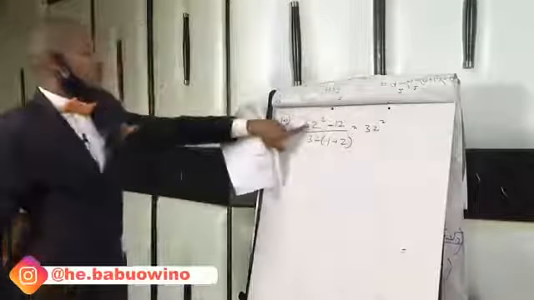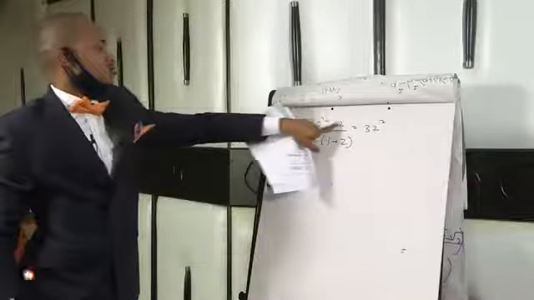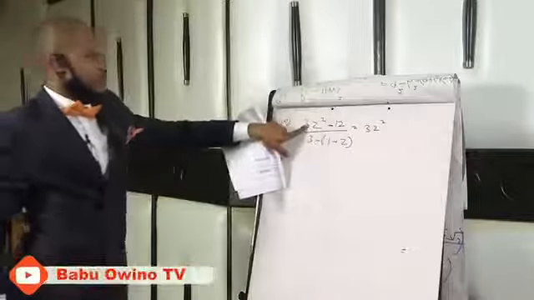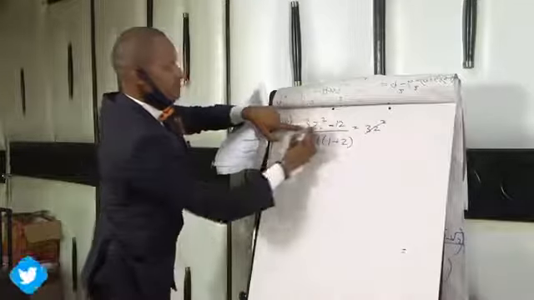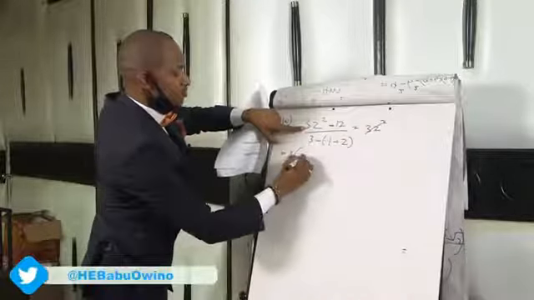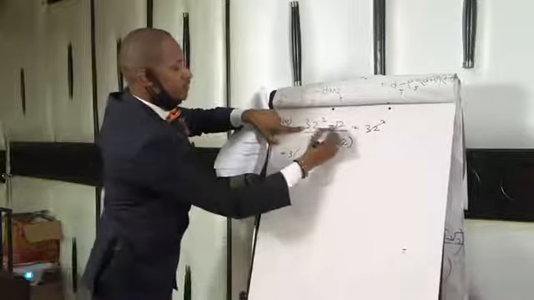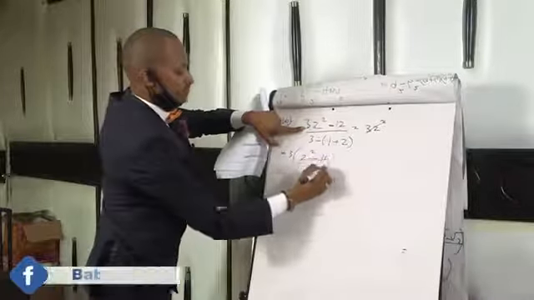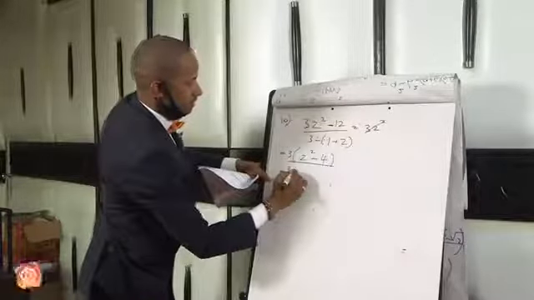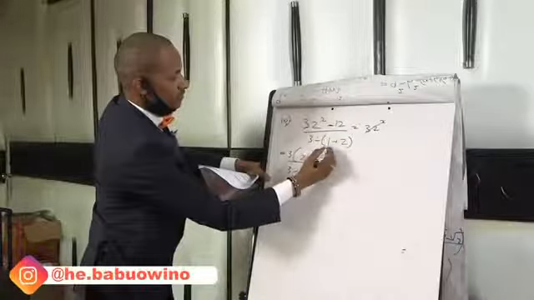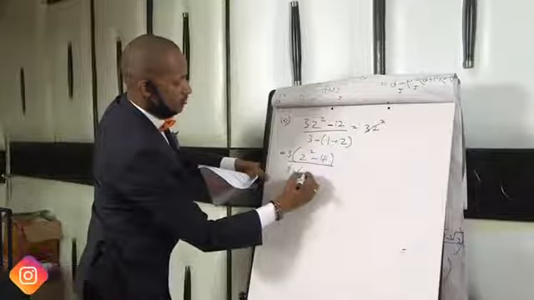What is common between 3 and 12 is 3. So you can simplify this by saying 3 into z squared minus 4, since 3 goes into 12 4 times, divided by 3 minus 1 plus z.